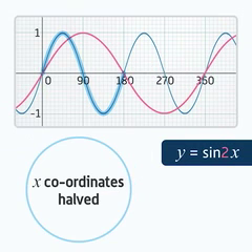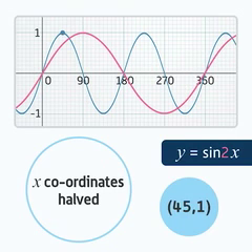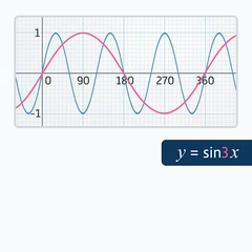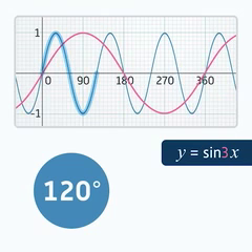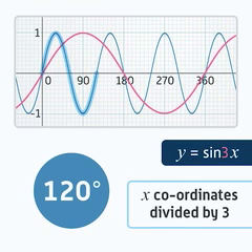This also means that the 4 key points we mentioned earlier have their x-coordinate halved too. So the maximum moves from the coordinate point (90, 1) to (45, 1). If we drew the graph of y equals sine 3x, then the period would be divided by 3, making it 120 degrees, and the x-coordinates of the intersections with the x-axis would be divided by 3.